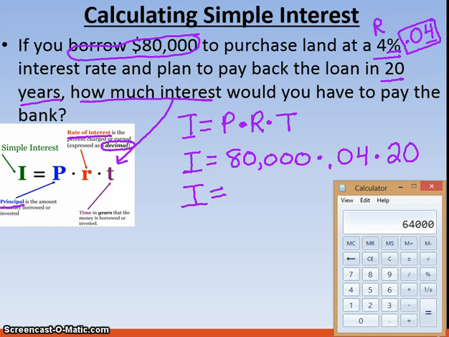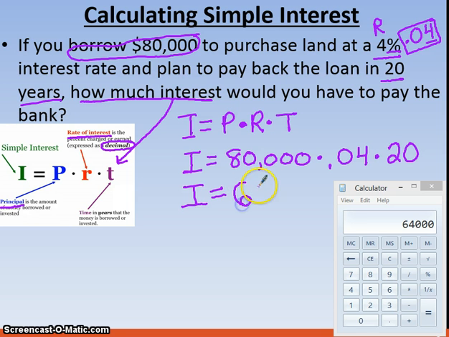Now you can see that I got 64,000. Now what this means is, in addition to paying the bank back the $80,000 that I borrowed, I also have to pay them back $64,000 in interest. So the interest that I have to pay the bank is $64,000.